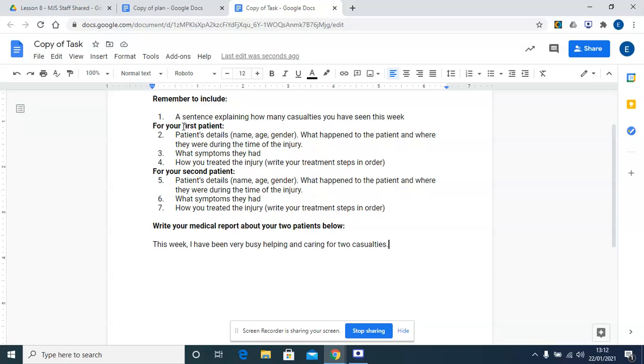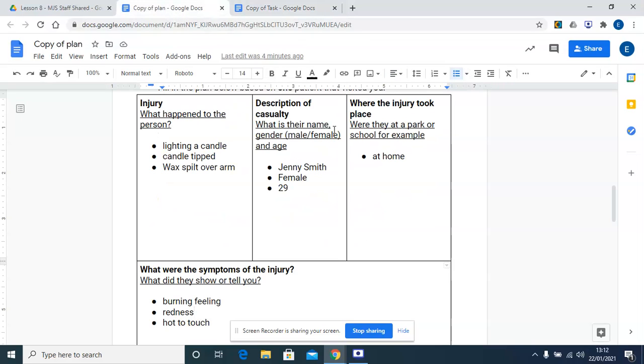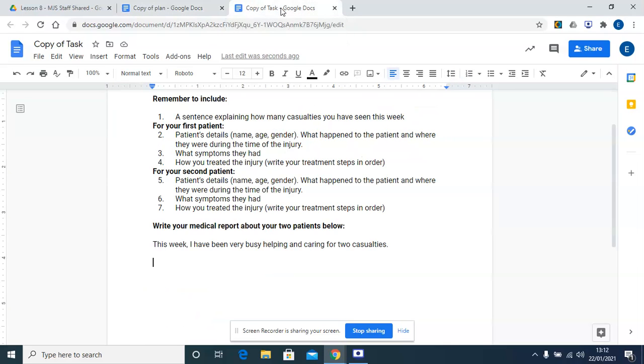Then it says, for your first patient, you're going to need a short paragraph on the patient's details. So the name, age, and gender. This is when I can start to use my plan. If I go back to my plan, I know that it's Jenny Smith, she's female and she's 29.